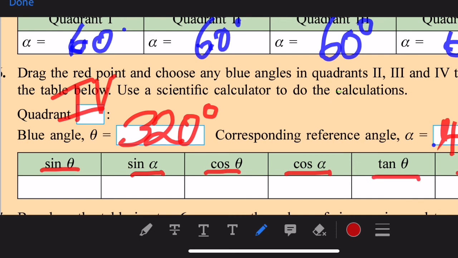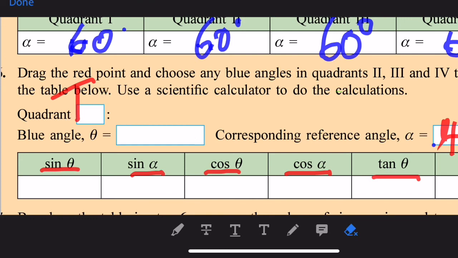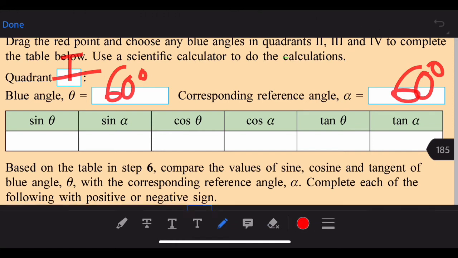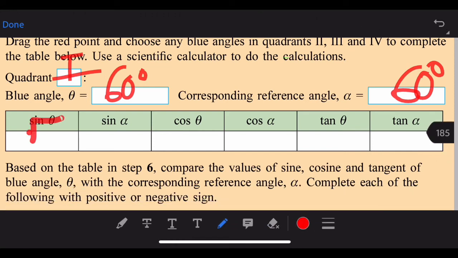Let's press the calculator and do another round. It's hard for me to write, so I make it thicker. You can press the calculator to get the decimal.